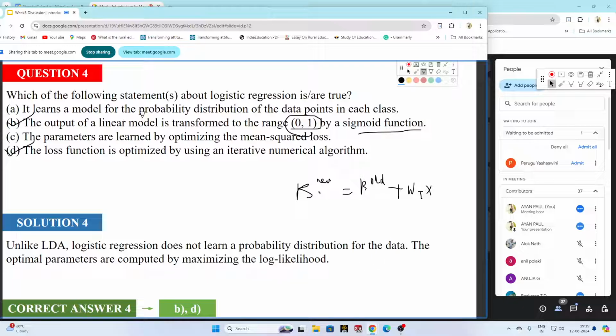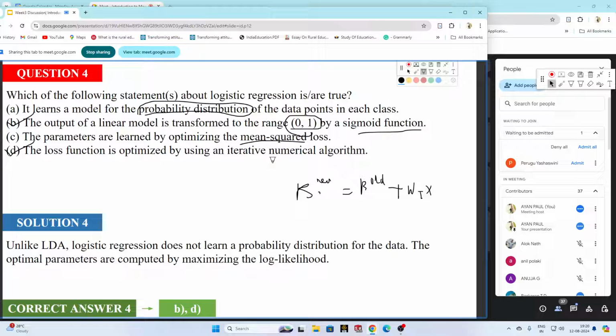Yeah, this probability distribution is for LDA. We have just discussed in the last slide that it learns the model for probability distribution, that is for LDA. The optimal parameters are computed by maximum log likelihood and not by minimum mean squared loss.